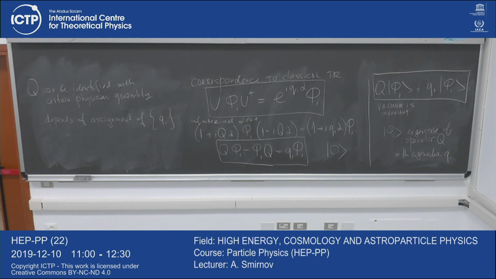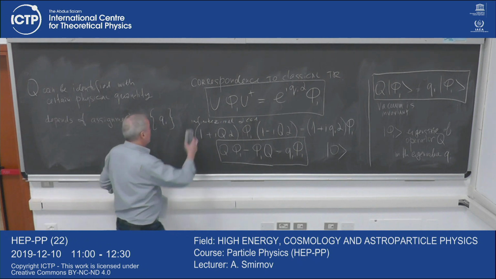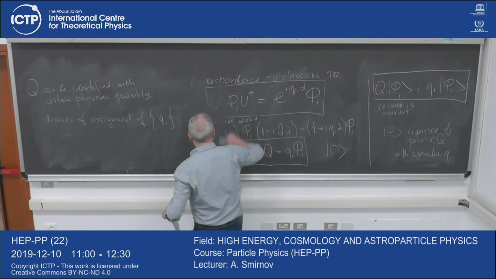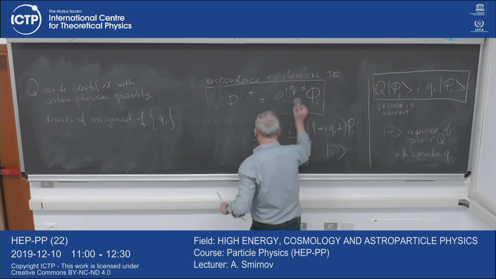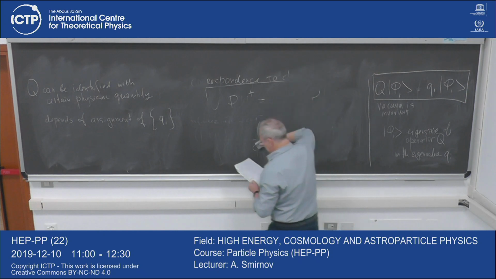That actually tells us the physical meaning of this operator Q. And I will show you examples, so just remember this, and you will see how it is realized. Before doing this, let me consider a system of fields. Suppose you have a state composed of several fields.